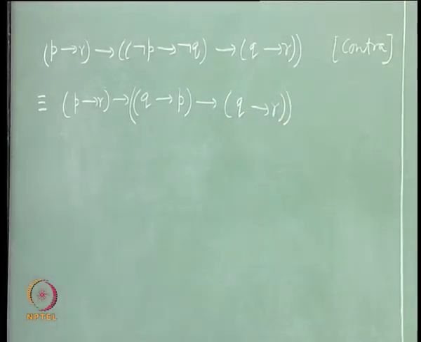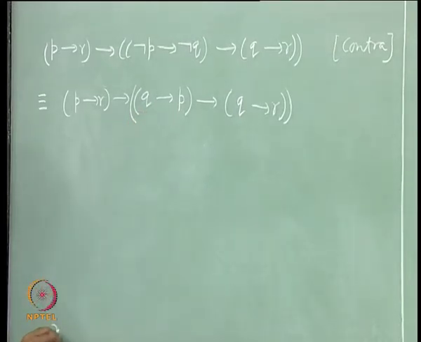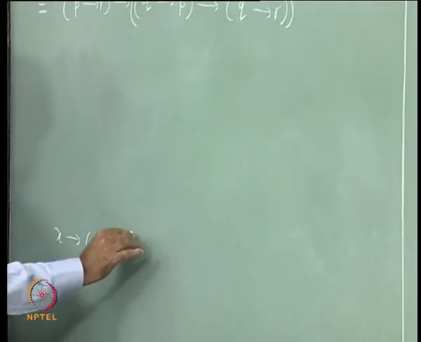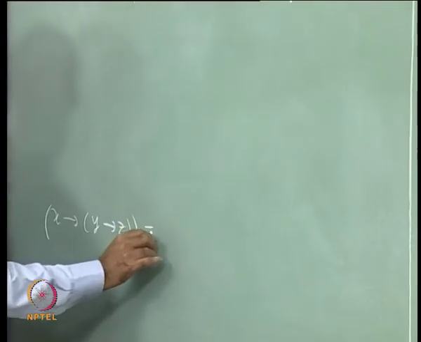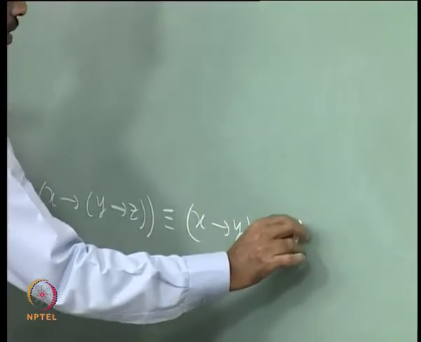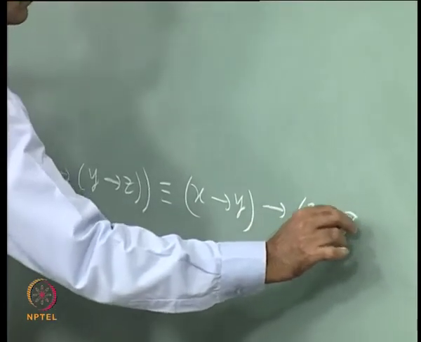Next, distribution of implication. Distribution of implication says this is equivalent to x implies y implies x implies z.